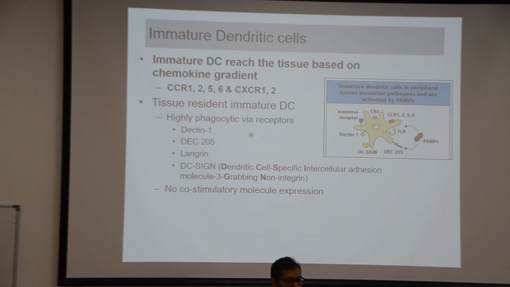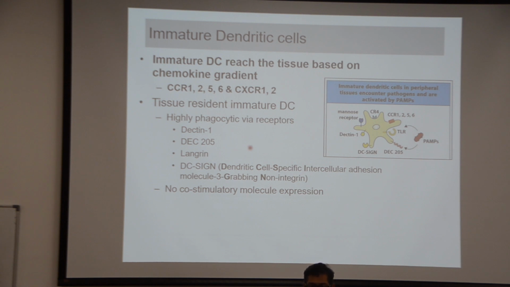They have phagocytic receptors like DECTIN1, DEC205, Langerin, and DC-SIGN. And notice DC-SIGN is one of the receptors that HIV primarily uses to access tissue-resident dendritic cells. The chemokine gradient that is keeping them there is CCR1, 2, 5, 6, and CXCR1 and 2. They keep them in this particular environment.